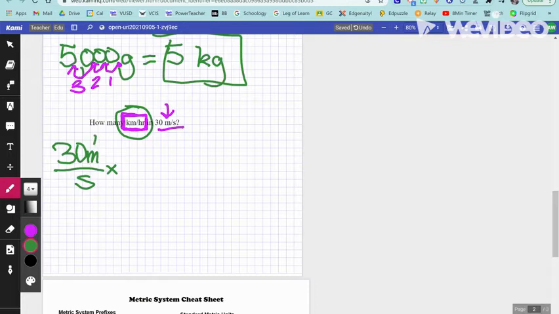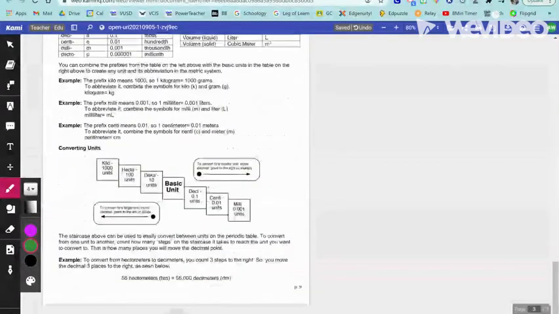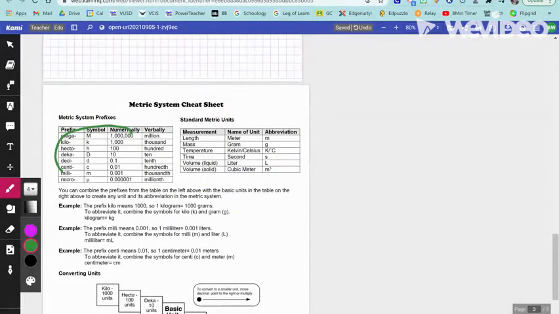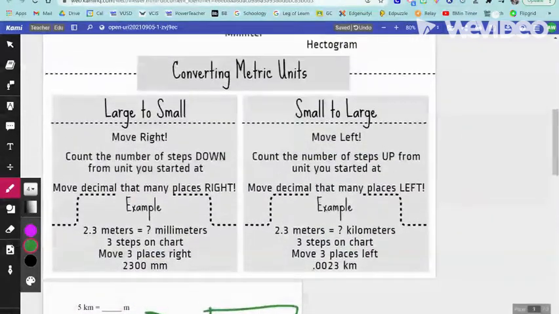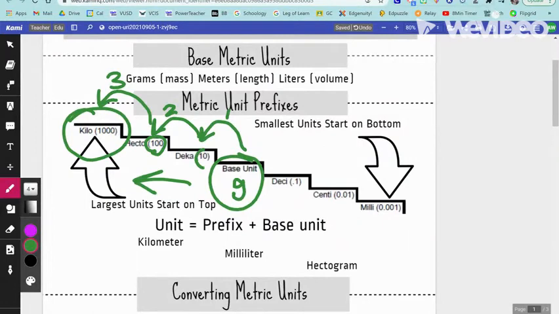For example, I'm at meters. I want to get to kilometers. And I know that there are 1,000 meters in 1 kilometer. You can use the other page, so this might help you, or back up here, these little numbers can help you out.